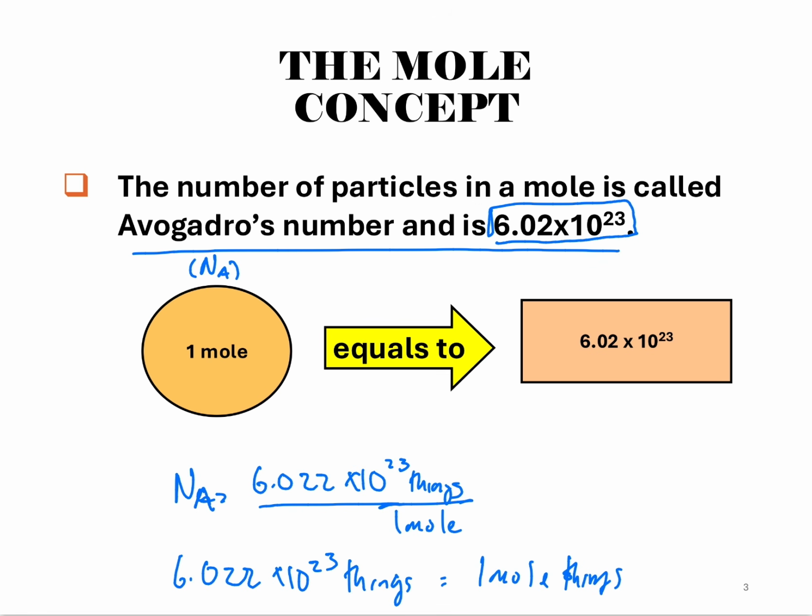And so the reason that we just say it's a counting device and the reason we need such a large counting device is because we're dealing with things that are very, very small, right? So if something is very, very small, right, when we're dealing with macroscopic amounts of them, so like a gram of atoms, right? 1 gram of atoms, right?